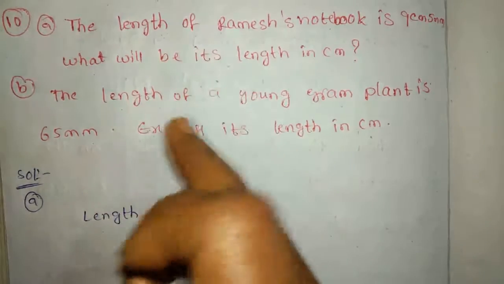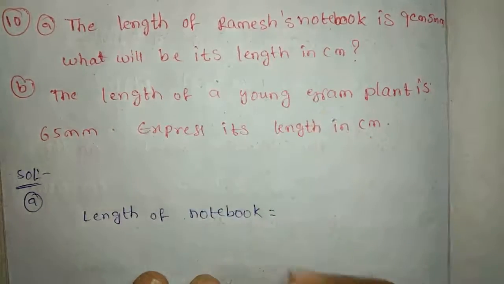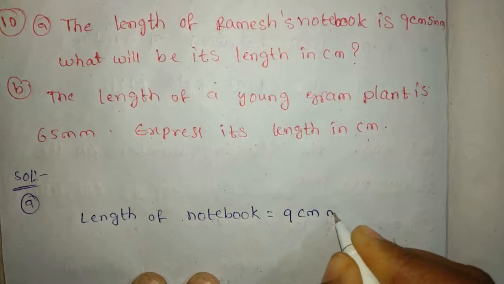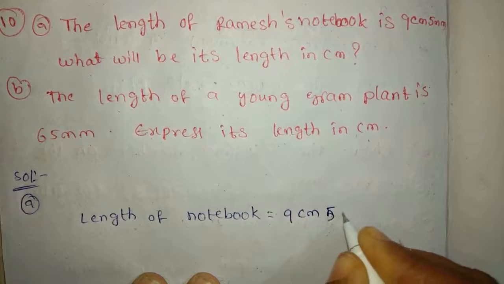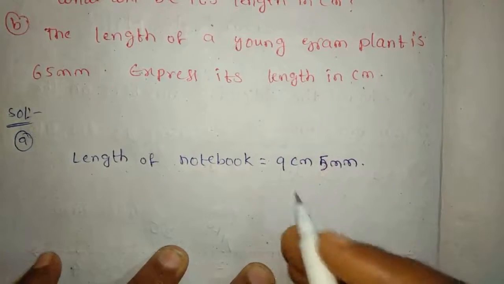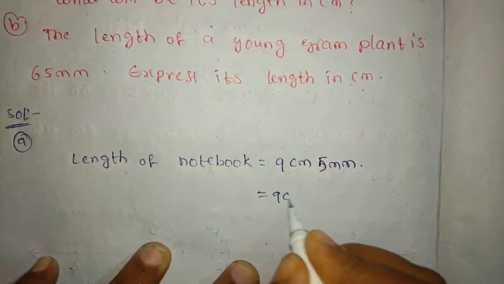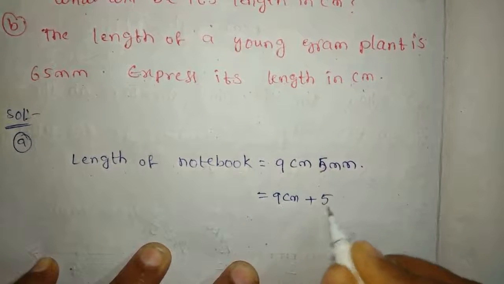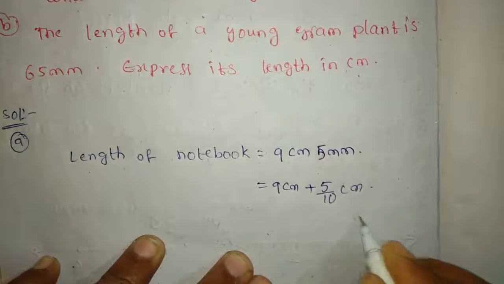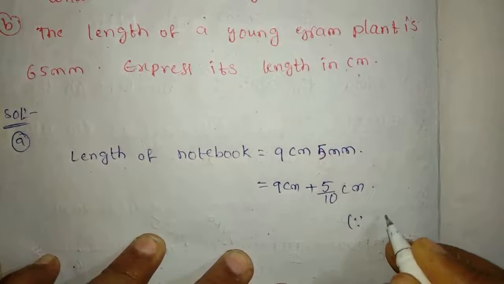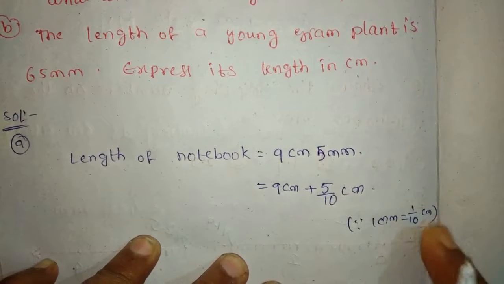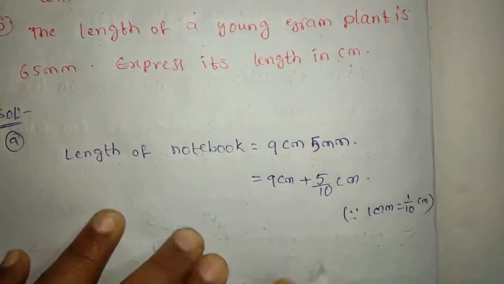Now the first one is A. The length of Ramesh's notebook is 9 cm and 5 millimeters. So this can be written as 9 cm plus 5 by 10 cm, since 1 mm is equal to 1 by 10 cm.